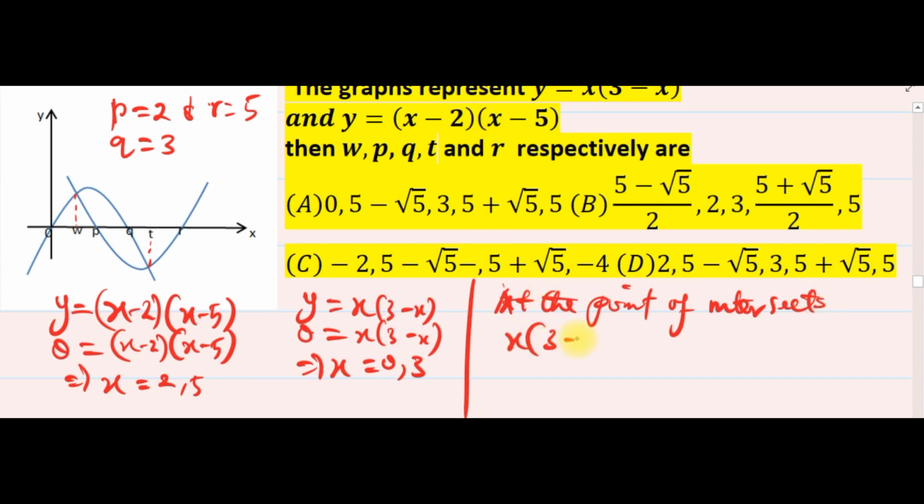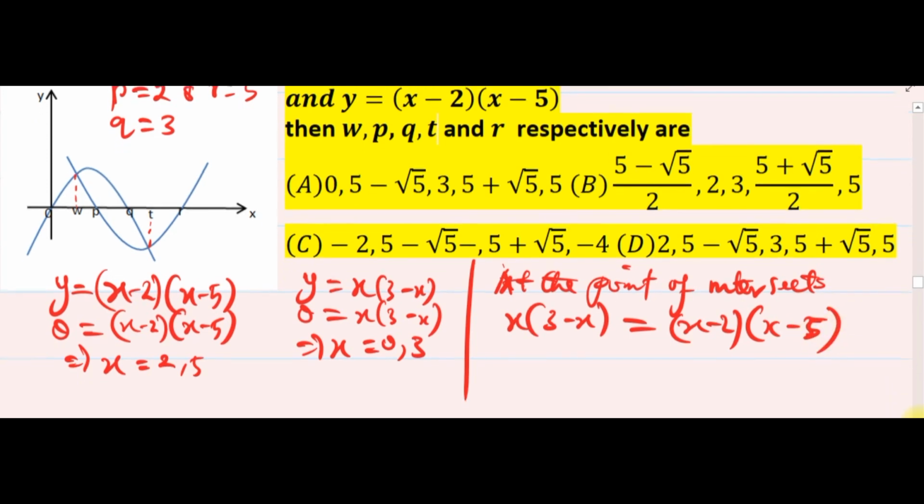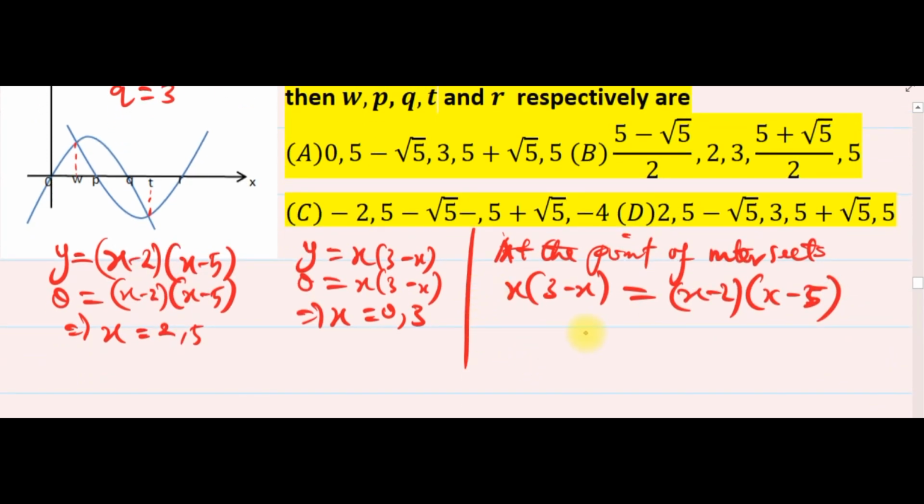So x(3 minus x) must be equal to (x minus 2)(x minus 5). That's the point of intersection. The two values of the answer are now our W and T respectively. So this is 3x minus x squared, while this is x squared minus 7x plus 10.